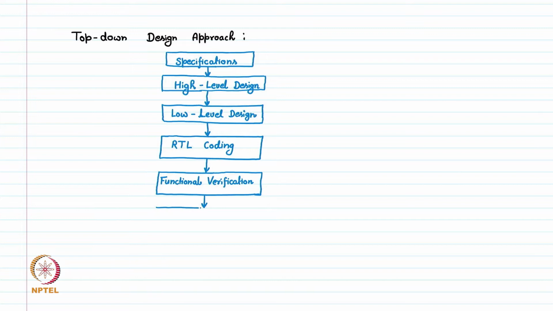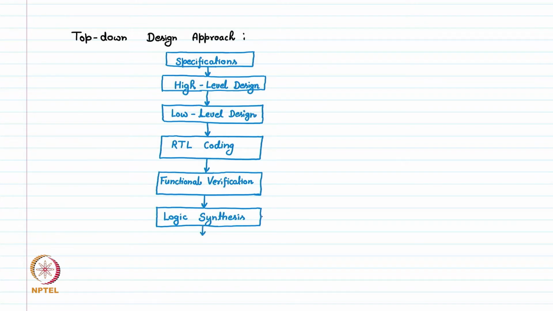Once we are happy with the output versus input characteristic, then we go for the logic synthesis. This is the step when we put all the gates together and interconnect them to implement the desired RTL coding and the specification of the system. If we are happy with this stage, we proceed.